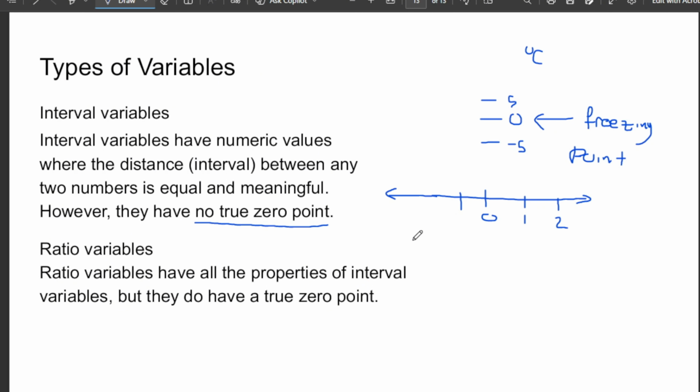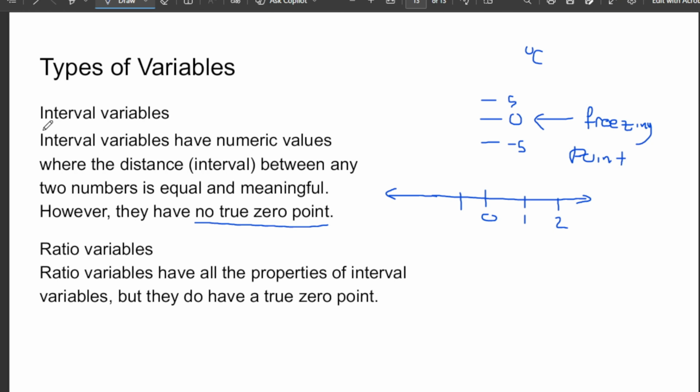That doesn't mean there's an absence of time before year 0. It's just an arbitrary starting anchor. Another example would be IQ scores. A score of 0 on an IQ test doesn't mean the person has 0 IQ or 0 intelligence.